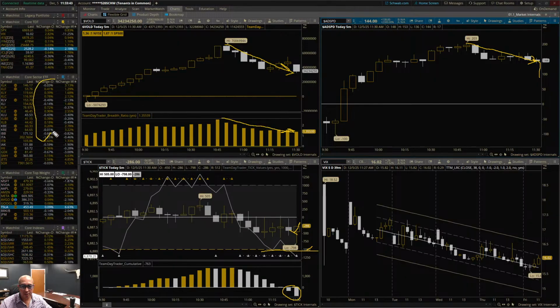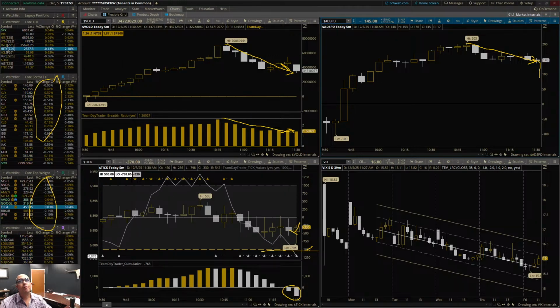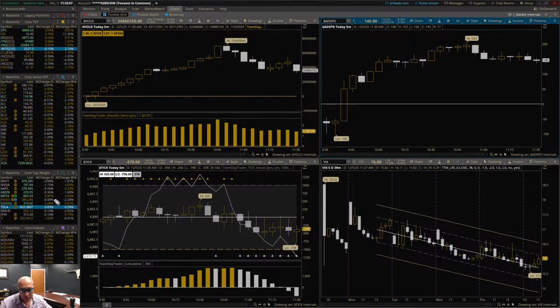Is this getting worse or better? What was it before? This here was 6 negative and 5 positive, and now what are we? We're still 1, 2, 3, 4, 5, 6. So we're still 6 negative and 5 positive. So that hasn't changed.